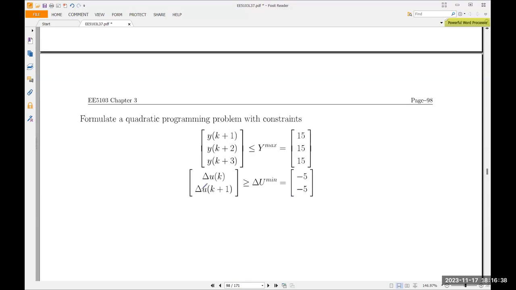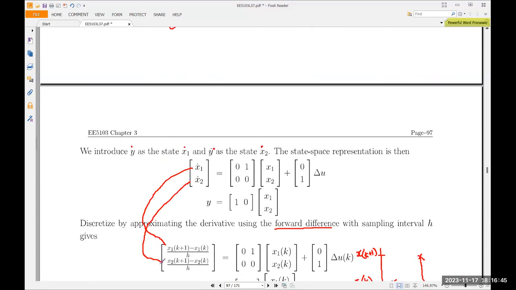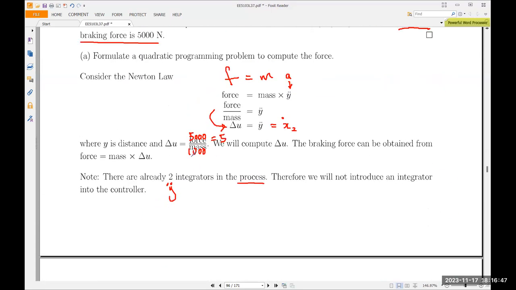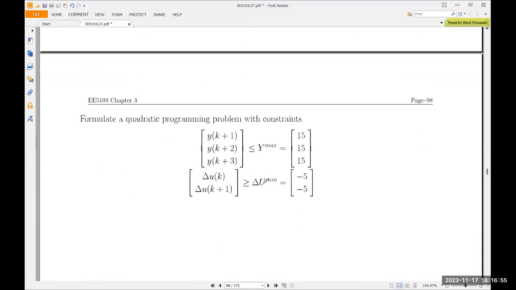So y min is -5, and this is where we got it from here. The force is 5,000. That's the maximum that you can have, and it's used for braking, so it's a -5. So that's it.